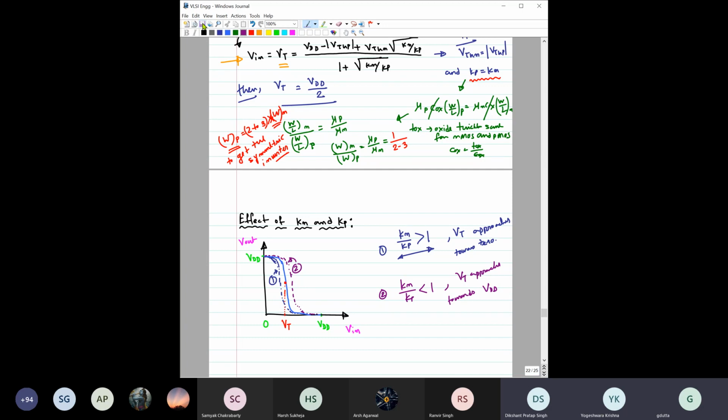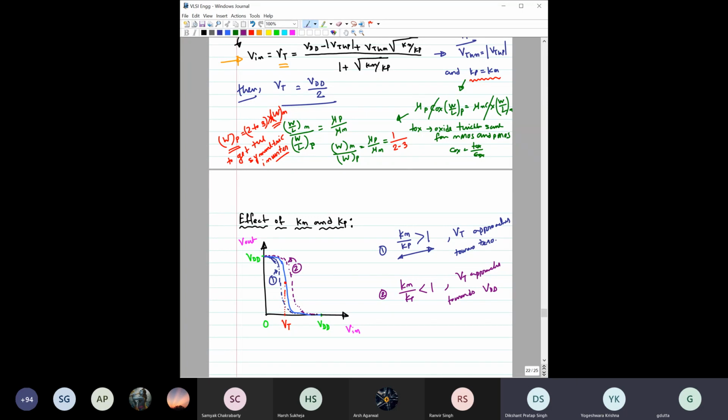Great. So while you are designing an inverter, what is this ratio Kn by Kp? This ratio basically indicates the width of the transistor. As a designer, you have full control on that. You can give any width as long as you are falling under that particular rule.